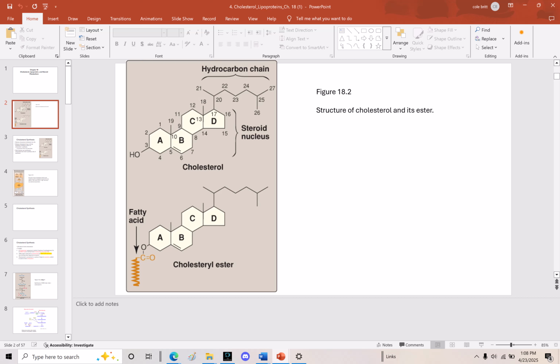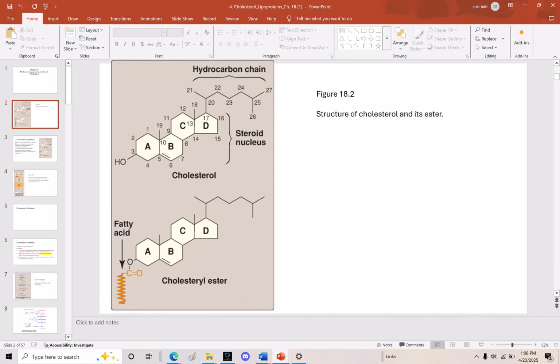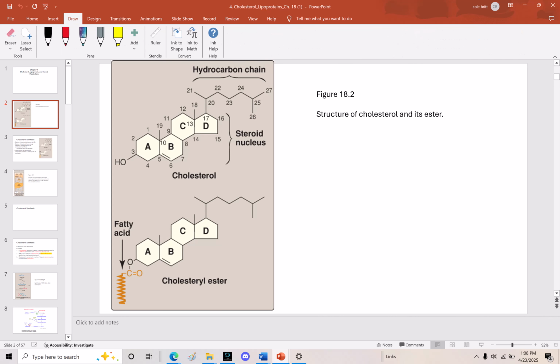And I want you to focus on something else on this picture, this fatty acid down here. This fatty acid is what you get in a cholesterol ester. So a cholesterol ester is what has to be cleaved when it's digested. When you consume cholesterol in the diet, this is what the cholesterol esterase is going to take off.